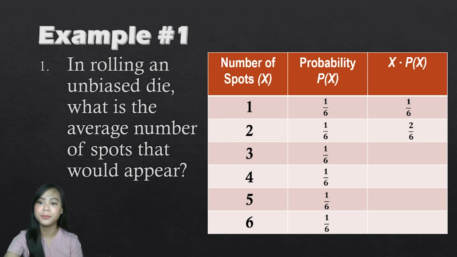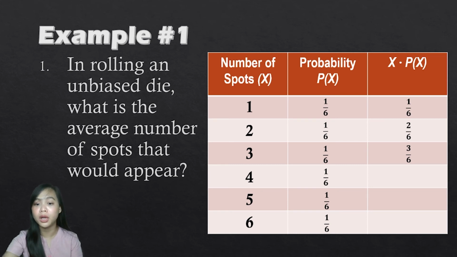The answer is 2 over 6. Let's have 3 multiplied by 1 over 6. That is 3 over 6, or in lowest terms, 1/2. But let's not get the reduced form since we are going to get the sum.